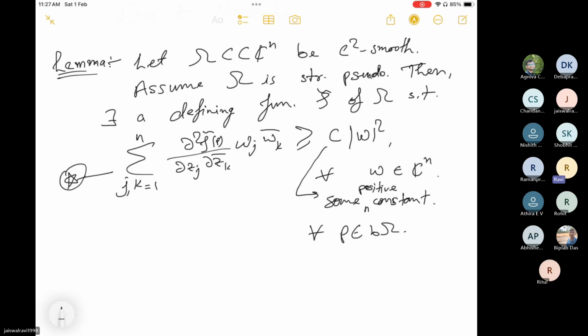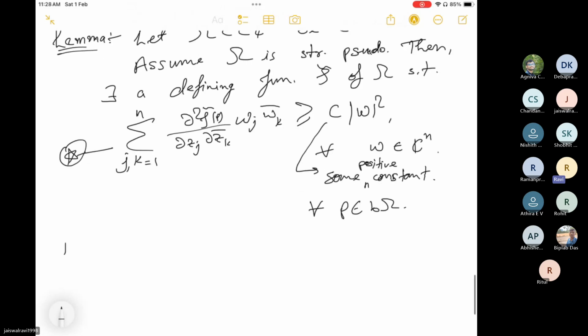The proof of this lemma is exactly the same as I proved for strongly convex domain in lecture 1. Just replace the real tangent space with the complex tangent space and you will get this rho tilde.